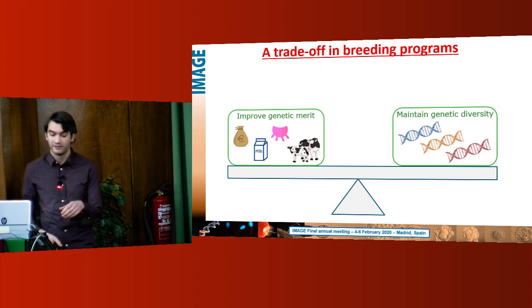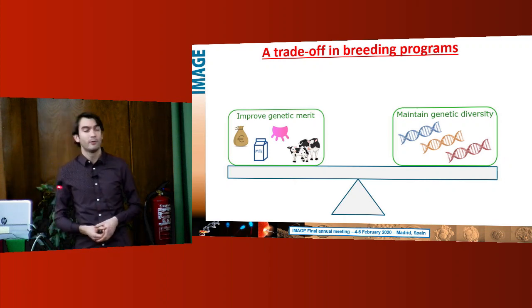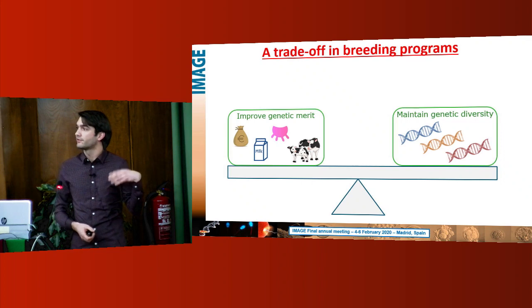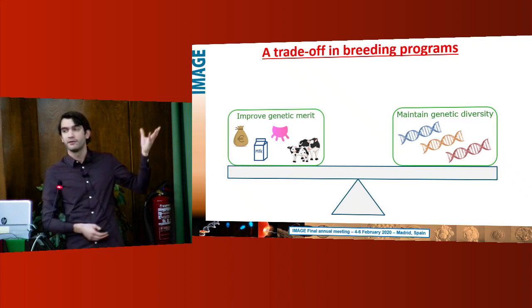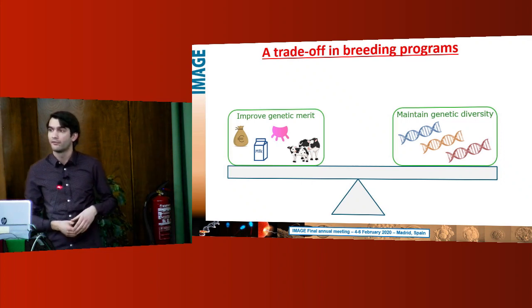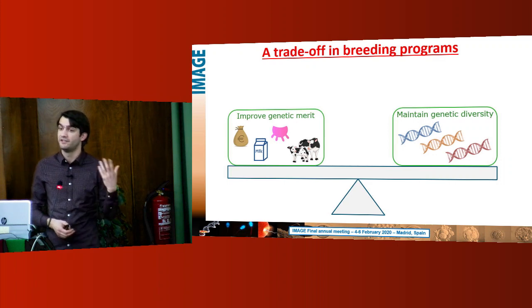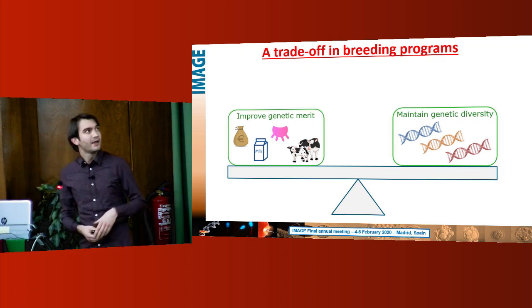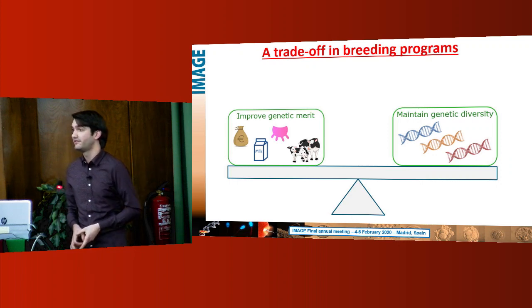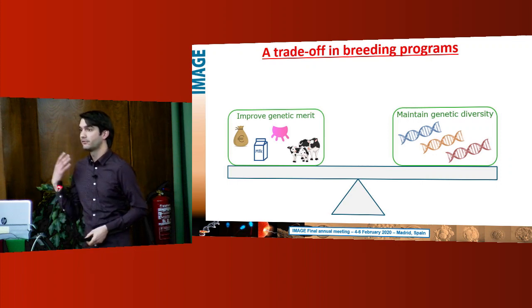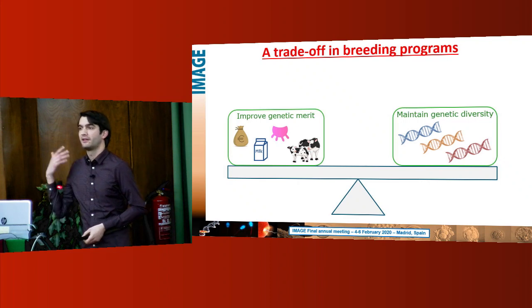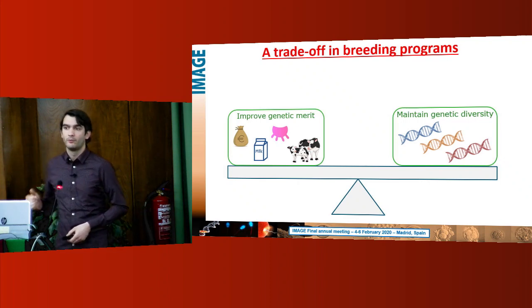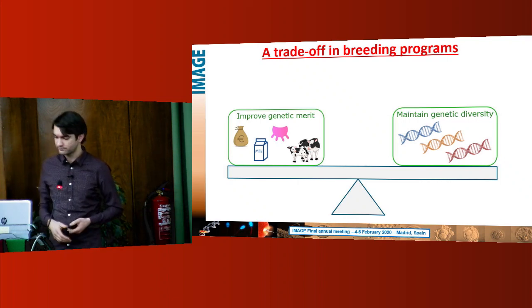In dairy cattle, we want to improve genetic merit, for example total merit, so the economic profit, or specific traits such as yield, health or fertility traits. At the same time, we want to maintain genetic diversity, because by maintaining diversity we can ensure that we can also sustainably select in the longer term.